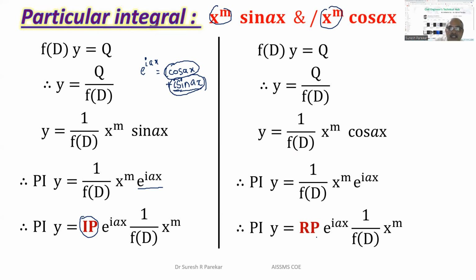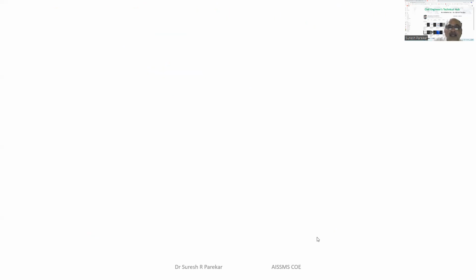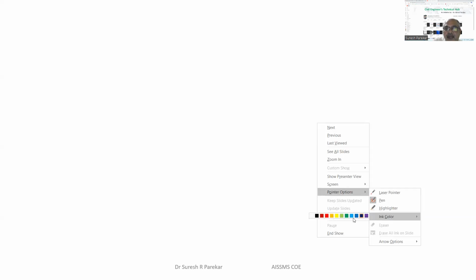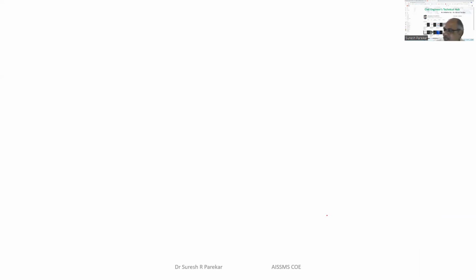Now we will solve one example and then you are going to understand what is the real part and what is the imaginary part. So now we have the example (D square plus 1) y equals x square sin 2x.